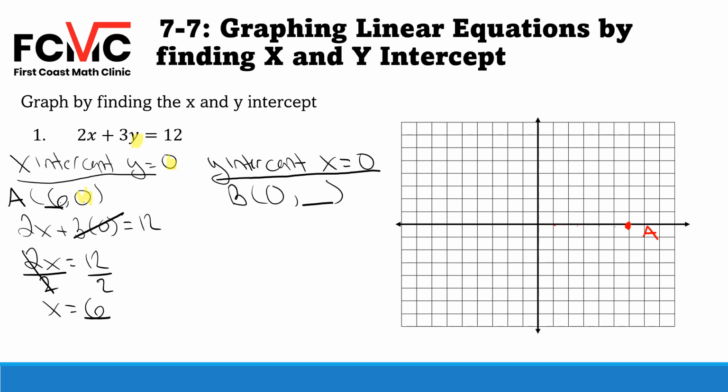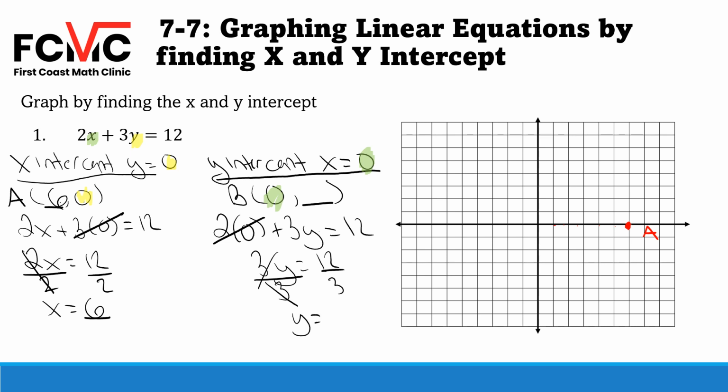So we take the 0 value and put it in for x. We have 2 times 0 plus 3y equals 12. We want to solve for y. 2 times 0 is 0, so 3y equals 12. Divide by 3 on both sides, and we get y equals 4.